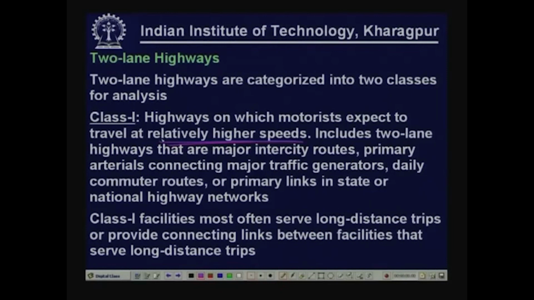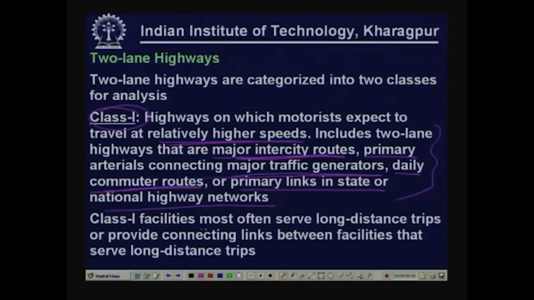Class 1 includes two-lane highways that are major intercity routes, primary arterials connecting major traffic generators, daily commuter routes, or primary links in the state or national highway network.